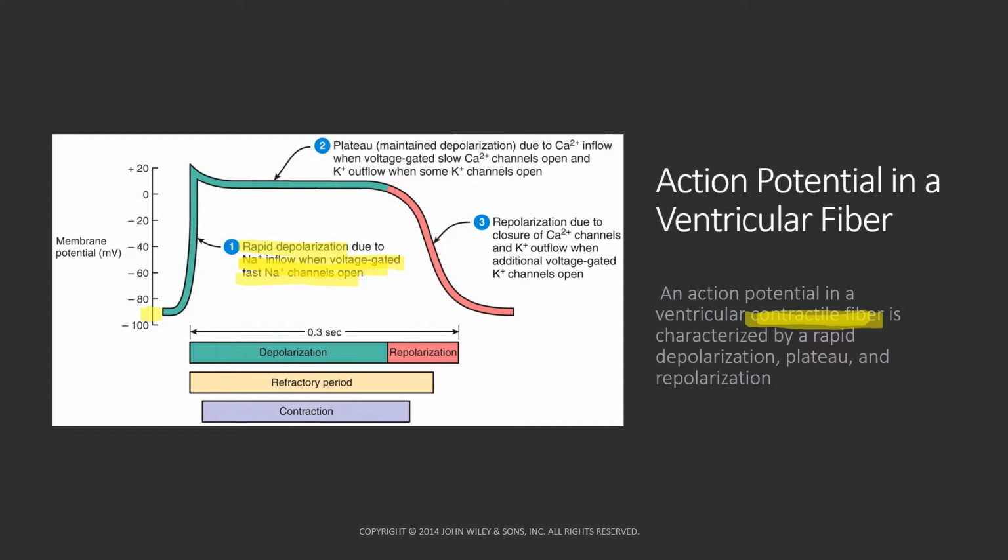So we do have this really quick inflow of sodium down its electrochemical gradient, and this produces this really rapid depolarization. Now within just a few milliseconds, those fast sodium channels are going to automatically inactivate, and that sodium inflow is going to decrease.